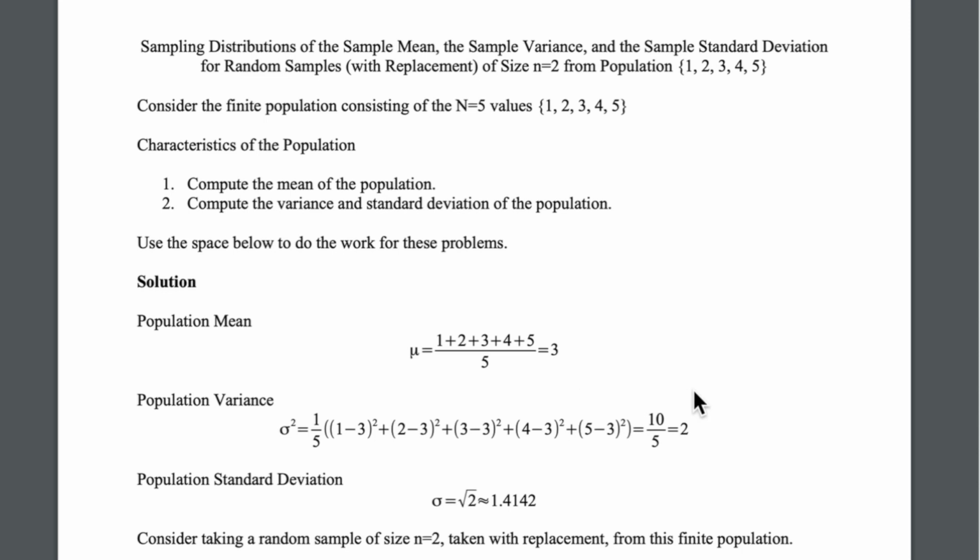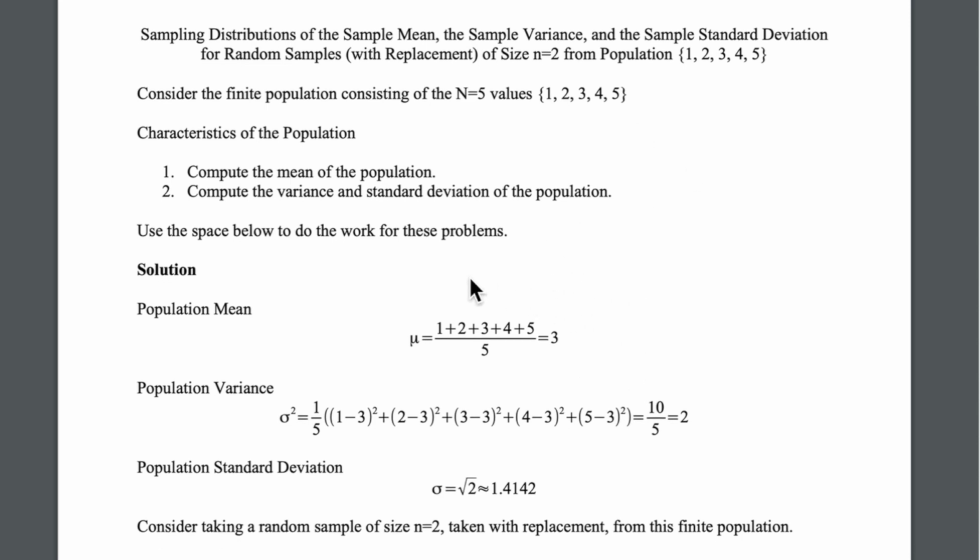So we see here, because this is a population, we're going to use the population formulas for the population mean, the population variance, and so forth. And we'll also denote these values using population notation. And so the population mean will be represented by a mu, lowercase Greek letter mu.